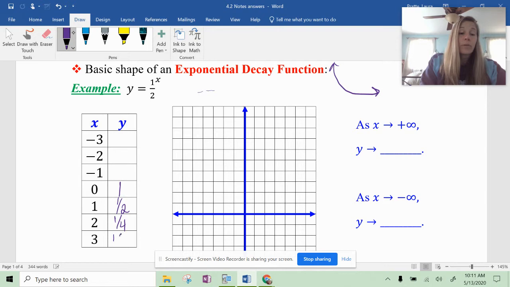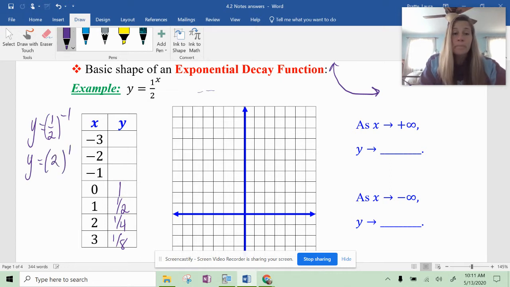And 1/2 to the third power would be 1/8. Now, if we're doing a negative exponent, to remember our exponent rules, if I were to do 1/2 to the negative 1 power, you would have to flip that fraction. So it's really 2 to the first, which is 2.